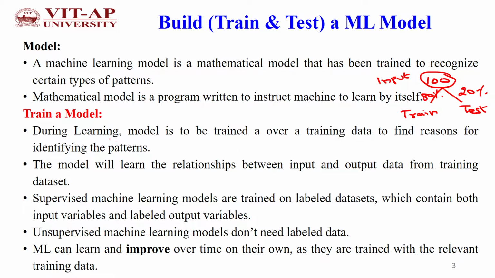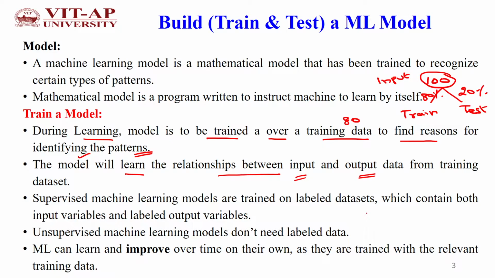During learning, the model is trained over the training data. In our example we took 80 samples to identify the patterns from the training samples. The model will learn the relationships between input and output labels from the training data set.